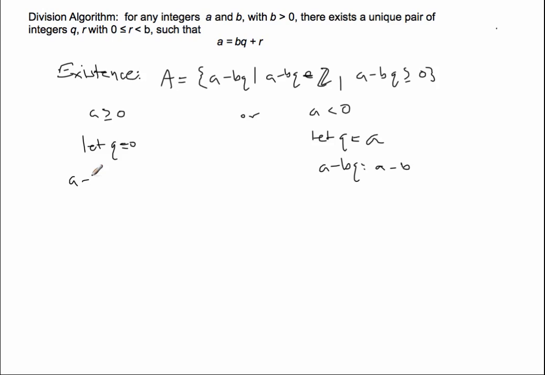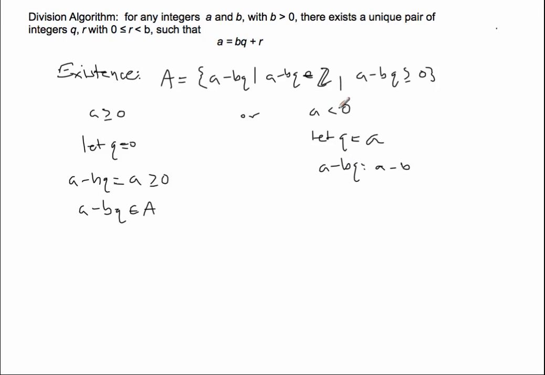Then a minus bq is just a, which by assumption is greater than or equal to 0, and therefore a minus bq fits all of our criteria and is an element of A. Okay, so there we have one element of big A if little a is greater than or equal to 0.